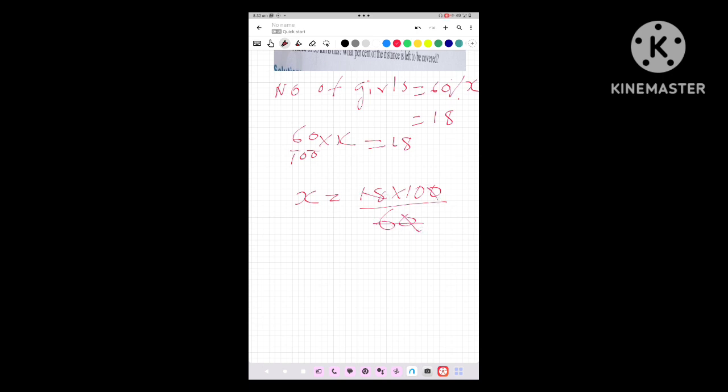We can cancel it by 3. So we get 30. So what's the total number of students? 30. What's the total number of girls? 18. So what's the number of boys? We can subtract the number of girls from the total number. So we get the total number of boys. What is the total number of boys? It is 12.